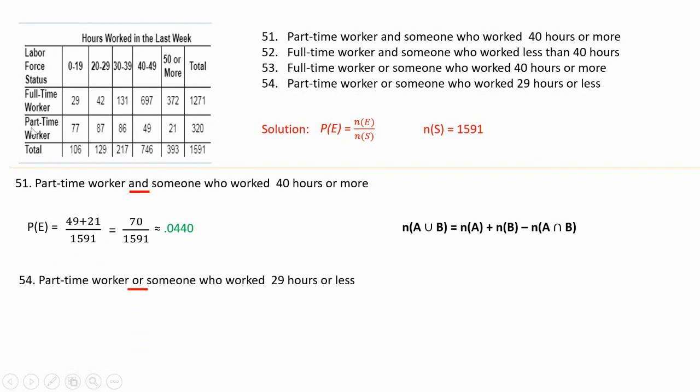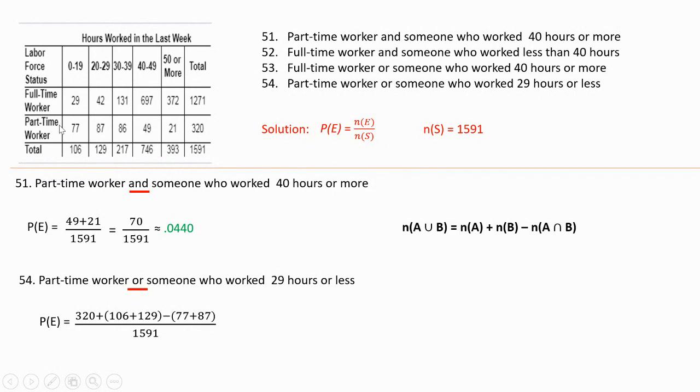Part-time worker, right? So we're thinking about these workers here, part-time workers, right here. Part-time workers or someone who worked 20 hours or less. So 20 hours or less will be these two here, guys. So it's going to be 320 plus the 106 and 129, but not these two here. Again, I'm going to show you how to do it just by observation, and then we use the formula here.